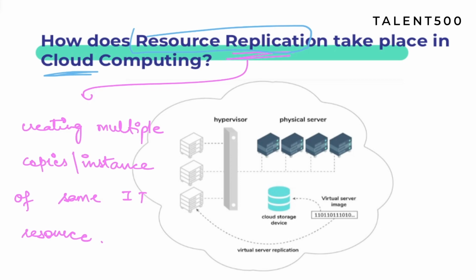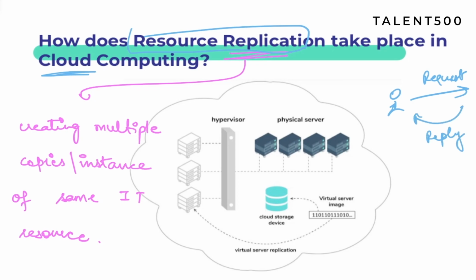Initially there was no internet, but when the internet came and started evolving, we started using cloud computing, so that the cloud provides the services we request and performs all of them. Let us say a user requests some services. To whom does he make the request? To the cloud. And in return, the cloud replies to the request.